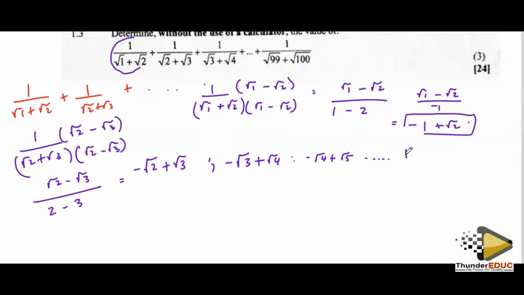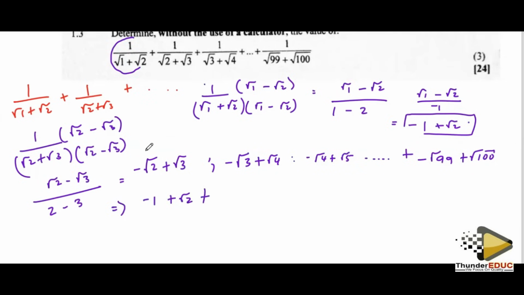Which means my last term, if I'm to do the same, is going to be negative root 99 plus root 100. I don't know whether you guys see where I'm heading to. So if I'm to replace everything, it's going to be negative 1 plus root 2.